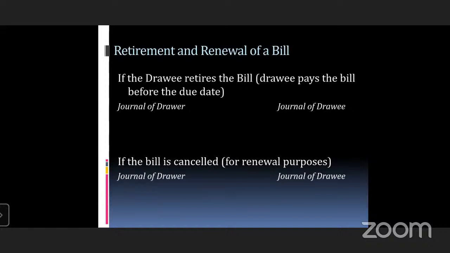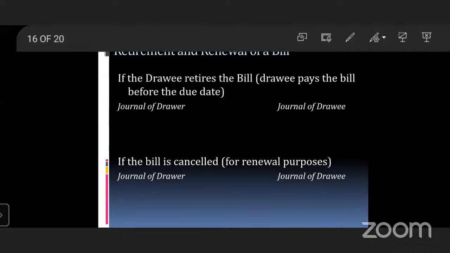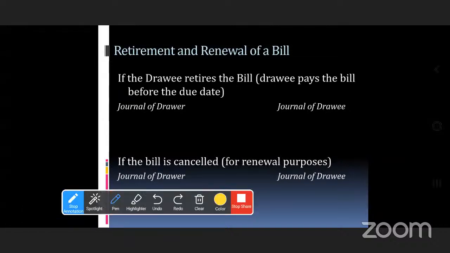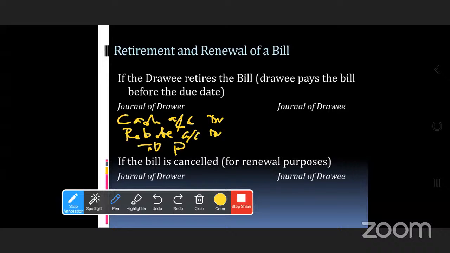Coming to the retirement, here we'll be writing the journal entry as cash account debtor, rebate account debtor to bills receivable account.